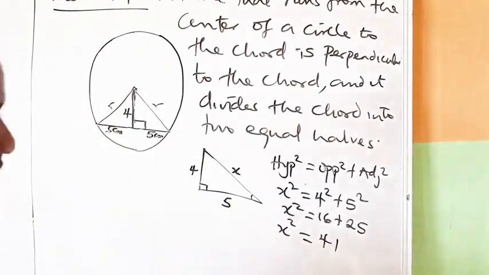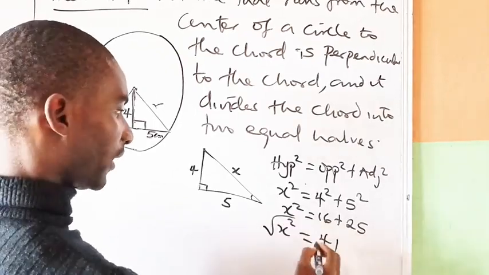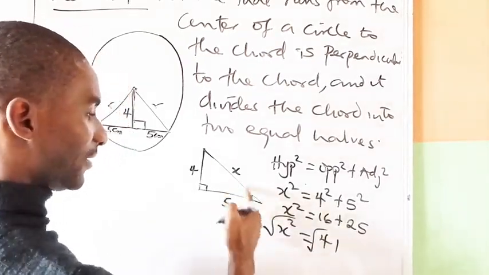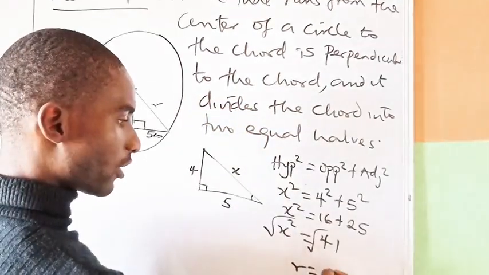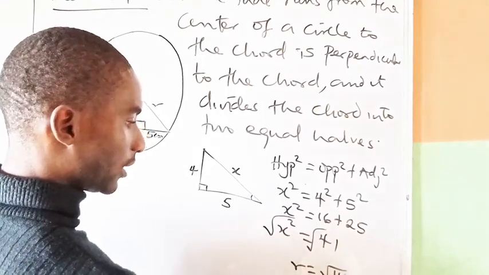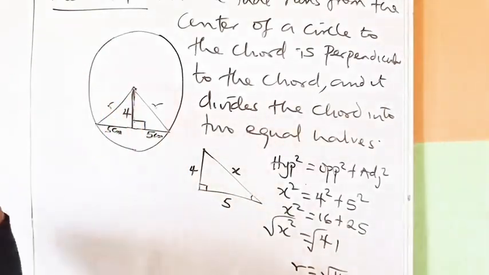Yes, 41. And so you find the square root of both sides. So your x, which is now the radius, is going to be square root of 41. That is the answer. So root 41, that is the radius.